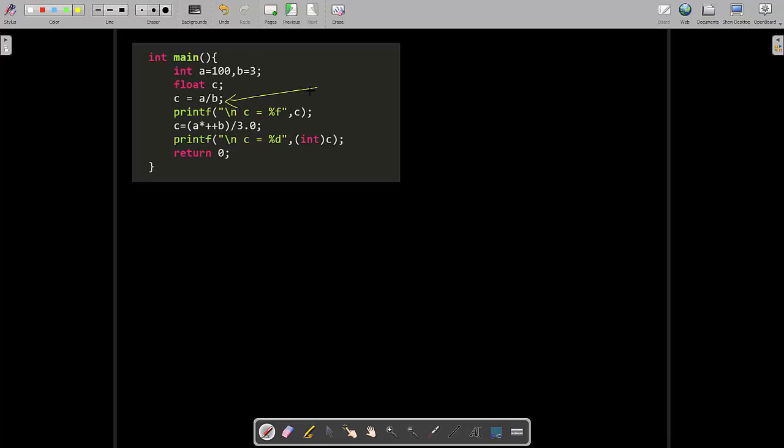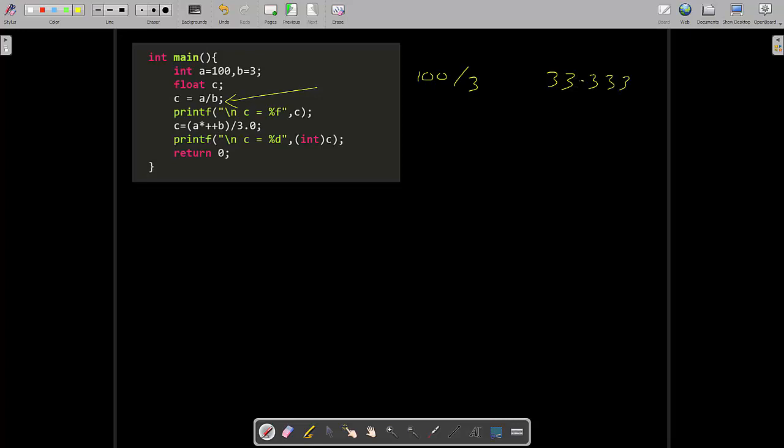Now most of the students will make a mistake over here, and they will divide. Since this is a straightforward example, you will simply divide 100 by 3, and if you divide, what you get is around 33.333.